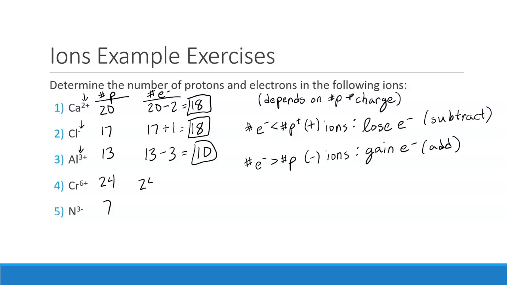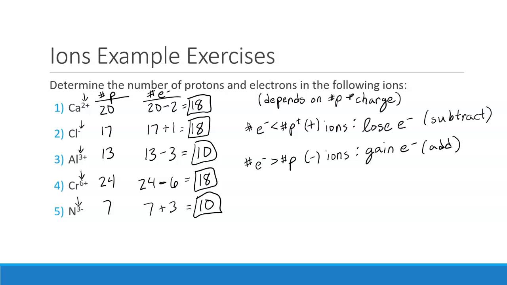So 24 minus the 6 from the charge, and that gives us a total of 18. And then nitrogen, the last one, is negatively charged, therefore we need to gain electrons, or add, and therefore you have 7 plus 3 from the charge, which gives us a total of 10.